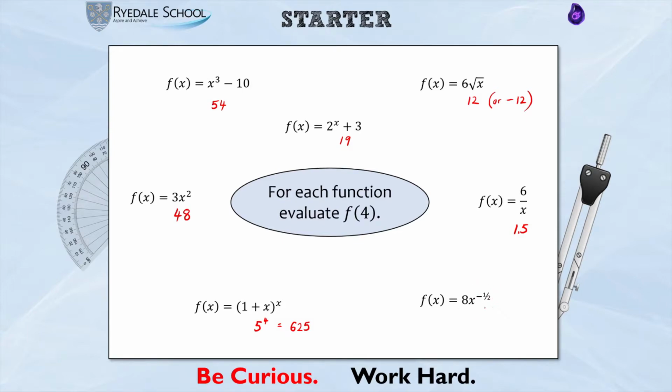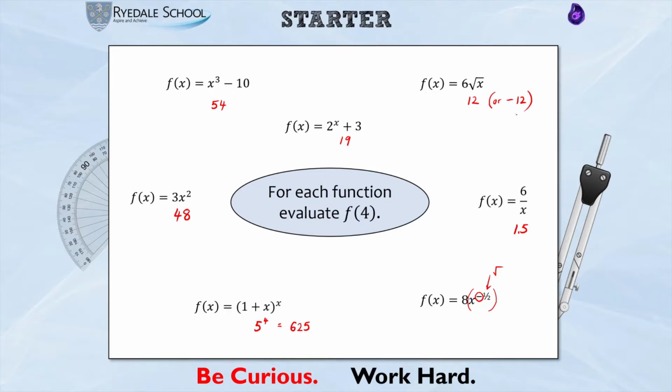Finally, 8 times x to the negative half. Now, just like 3x squared, we're going to have to work out this bit first. Negative a half. Well, first of all, the half is the same as the square root, but the negative means you then do the reciprocal.